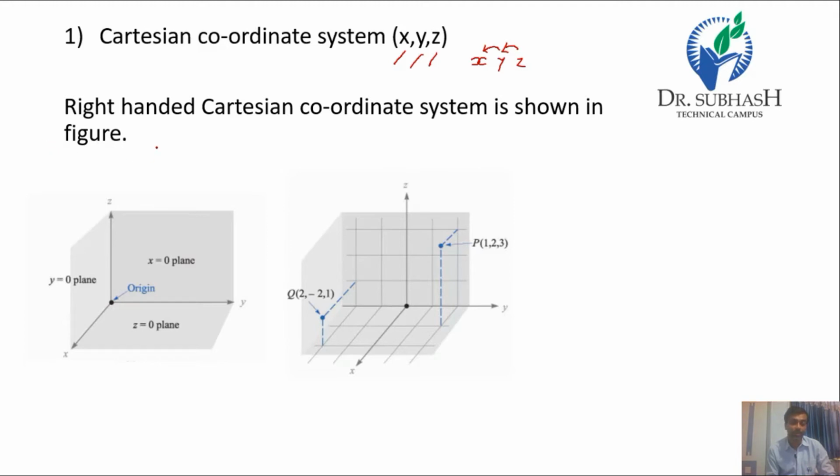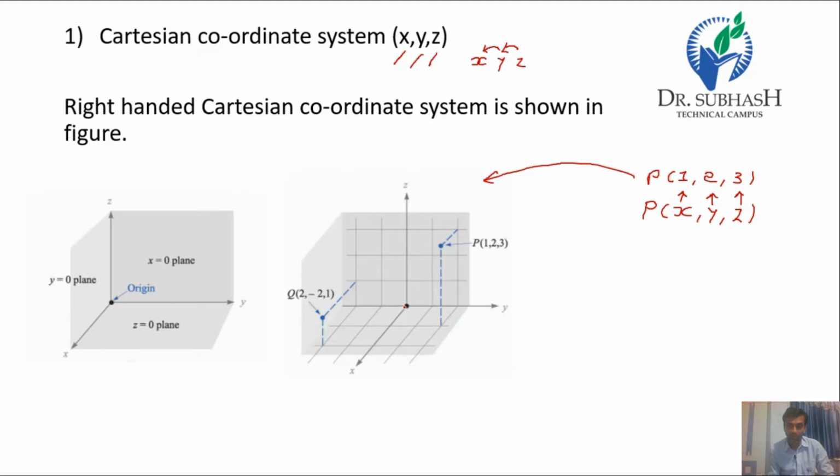Okay, suppose we have a point P which is (1, 2, 3), or in general form we can say that point P can be represented in a Cartesian coordinate system as P(x, y, z). Then x represents 1, y represents 2 and z represents 3.